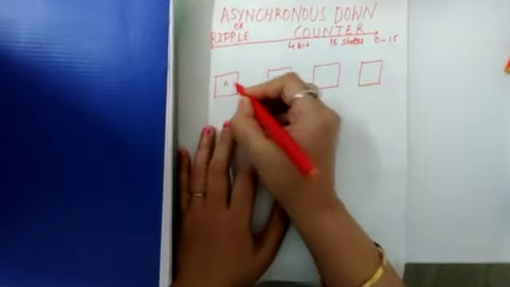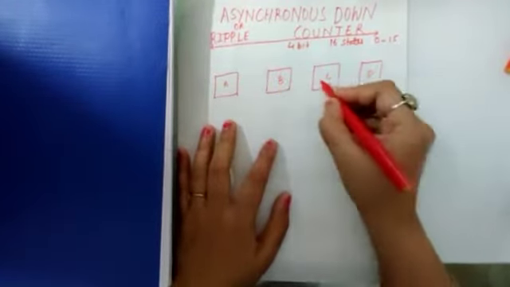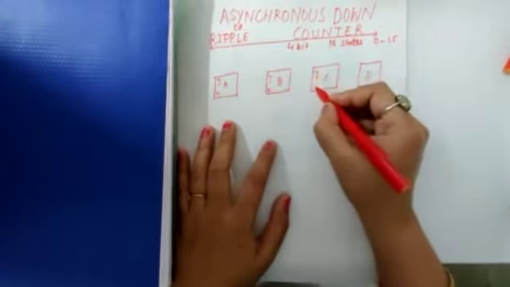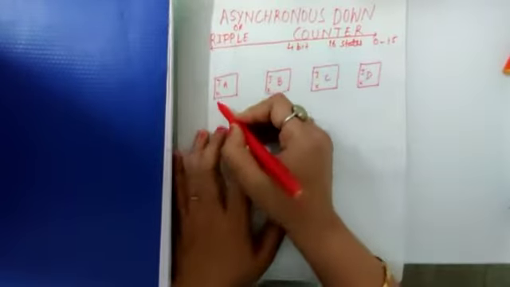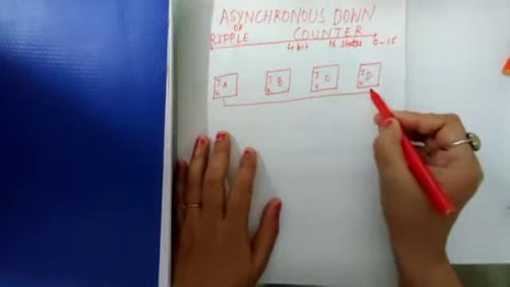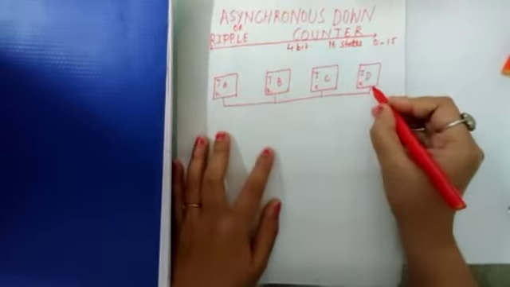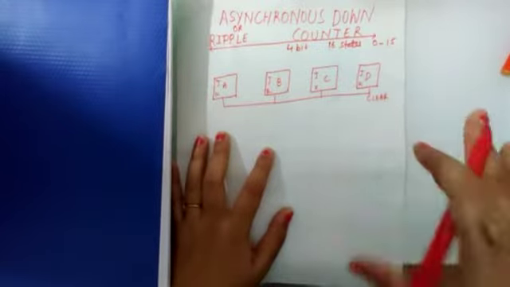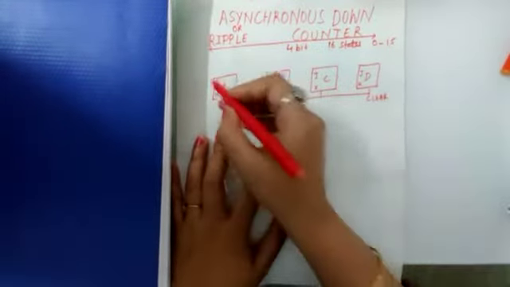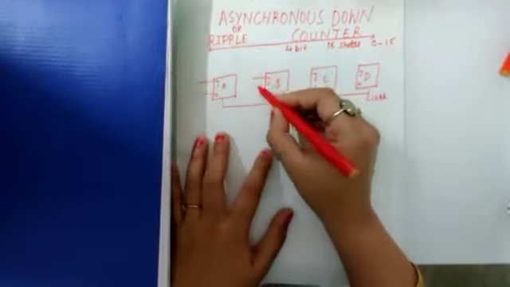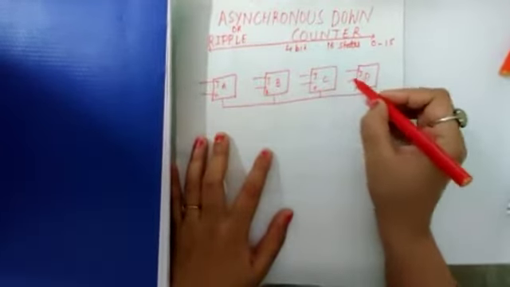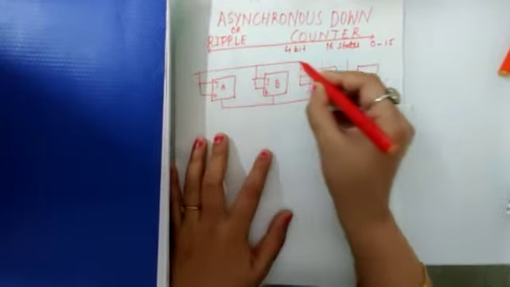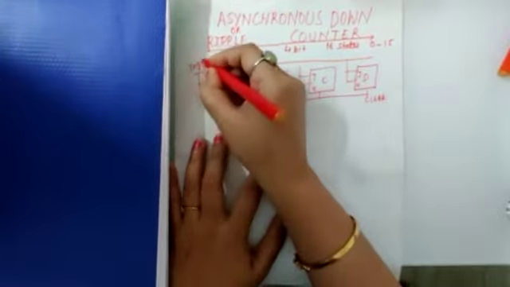So let's say this is A, B, C, D, JK, JK, JK, JK. Okay, we are giving a low clear signal. They are all connected to clear. When there is a low clear signal, all the outputs are 0. When there is a high clear signal, all the flip-flops will be in on state, and all the flip-flops are connected to the same input, the high control line, logic 1.